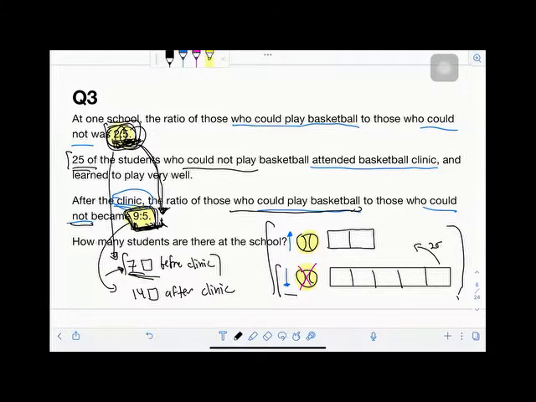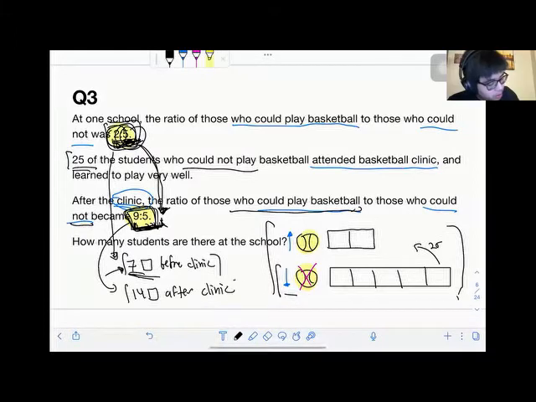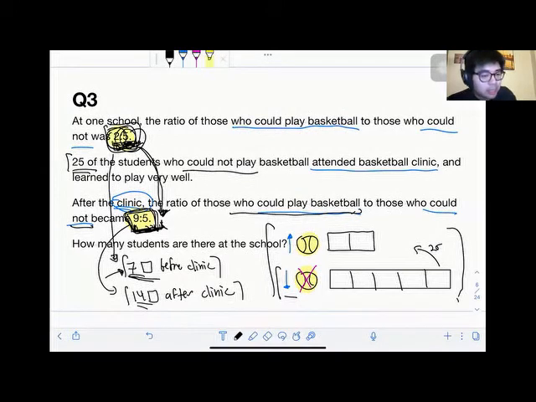Ma'am Marilu, are you still there? How did you get the 14? What did you do with the 9 and the 5? 9 plus 5. Very good, 9 and 5 make 14. So we said the total number of students in the school did not change. This means the 7 boxes before the clinic and the 14 boxes after the clinic represent the same number of students.